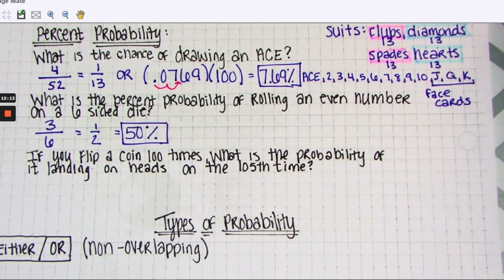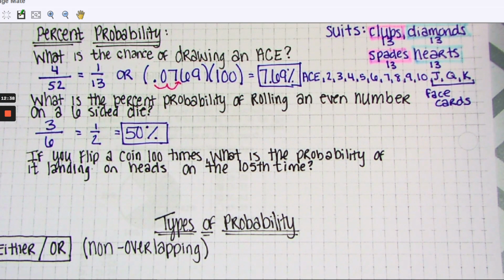All right, next one, it says, if you flip a coin 100 times, like a regular coin, like a quarter, and you flip it 100 times, what is the probability of it landing on heads on the 105th time you flip it? So I've sat there, I've flipped a coin 100 times. What's the probability of me landing it on heads? 50%. Yeah, it's 50%.